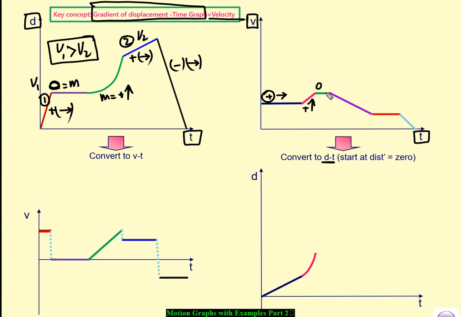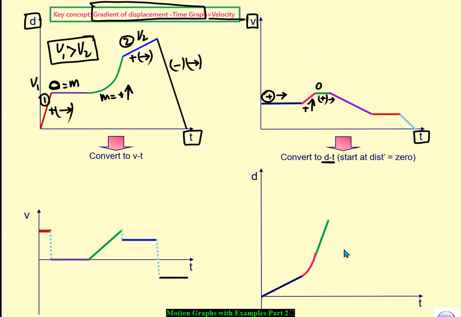Gradient is 0, but how about velocity? Velocity is positive. Actually, we don't need gradient here. We simply need to look at the velocity. As this velocity is positive and constant, it means the gradient of the displacement time graph has to be positive and constant.